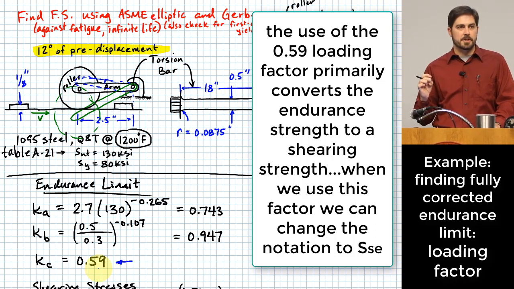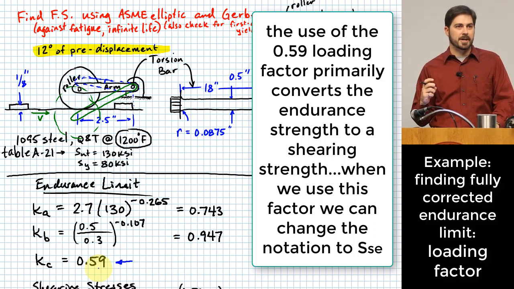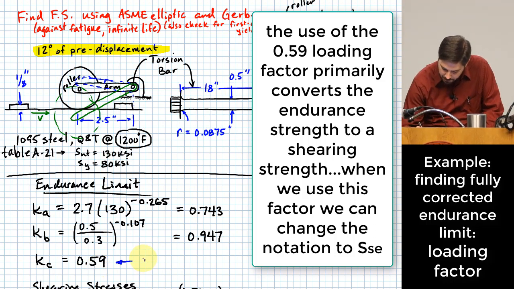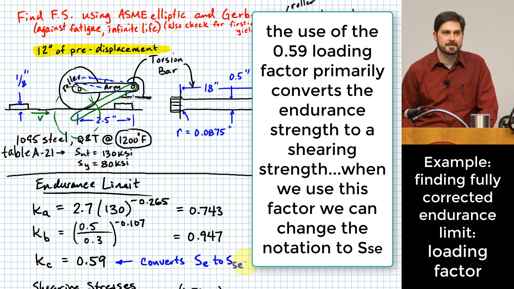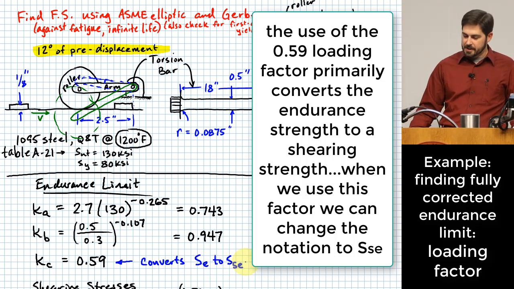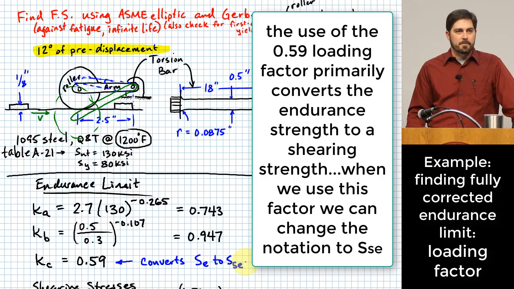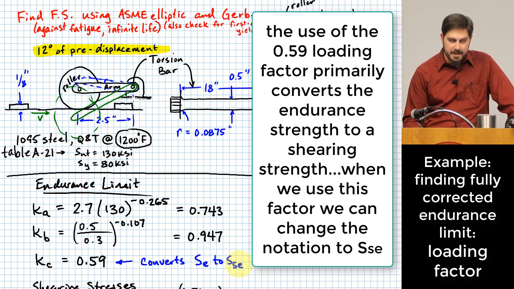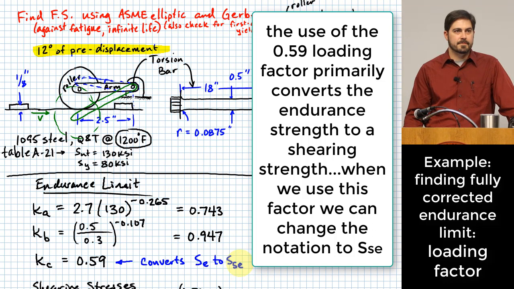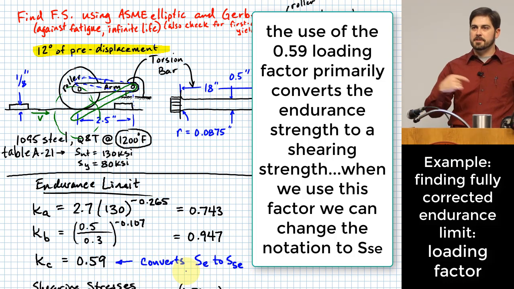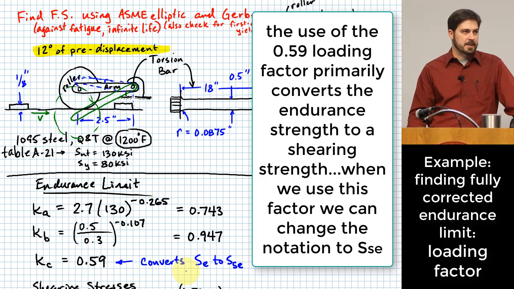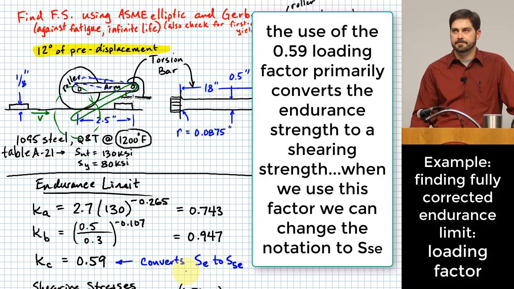It's no accident that those numbers are so close. So this converts what we would have called S sub E to S sub SE, the endurance strength in a shearing orientation. This makes it appropriate to compare shearing stresses against the value we get out of this endurance strength, and that's going to be important in just a few minutes.